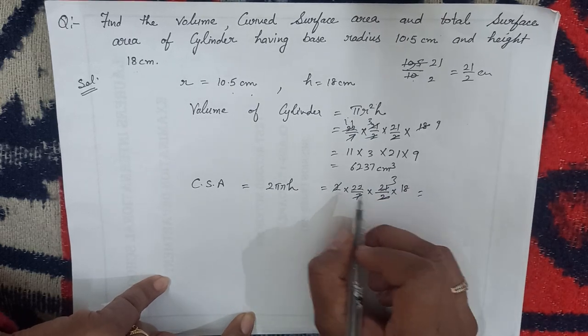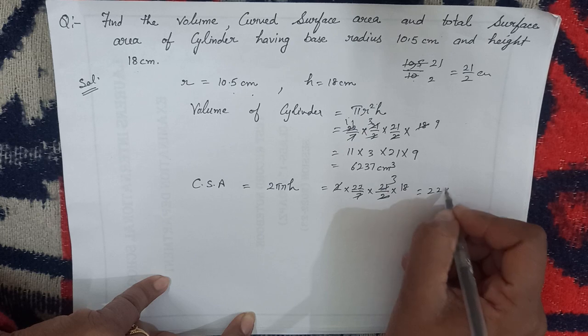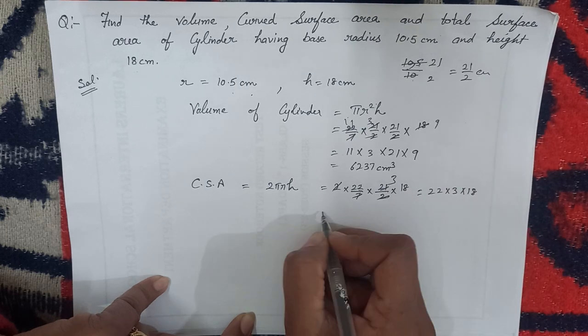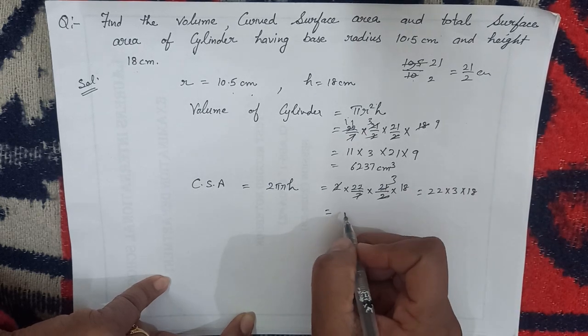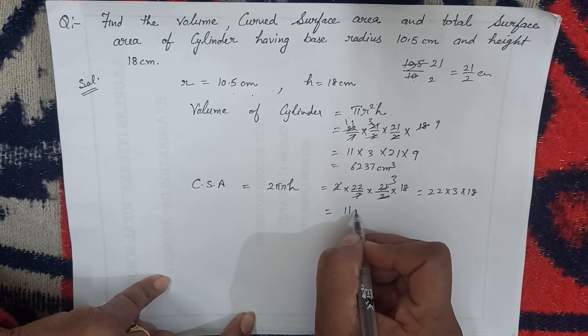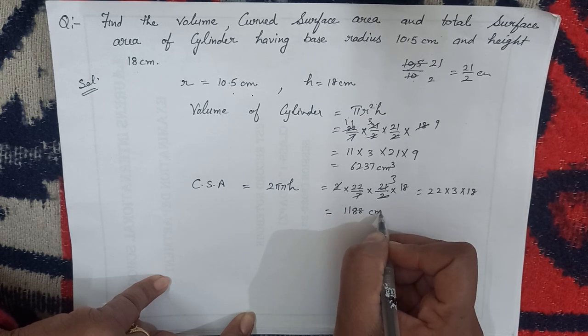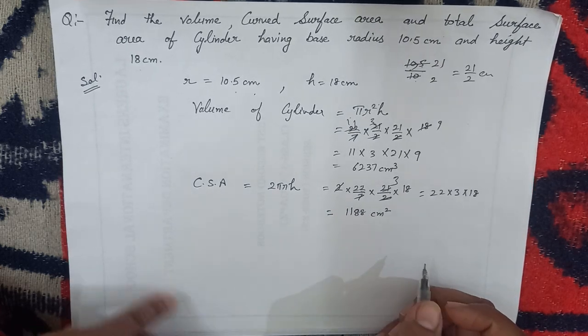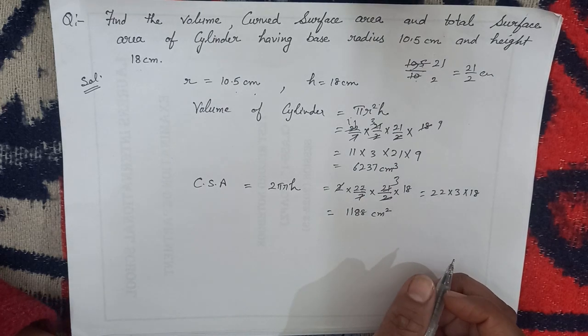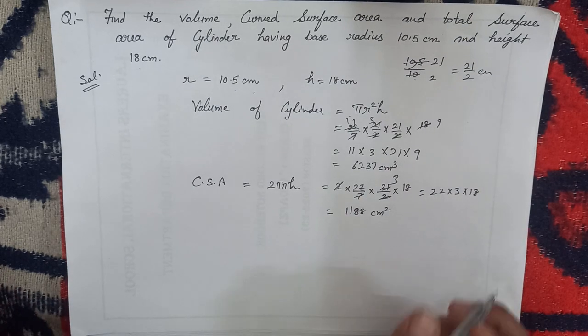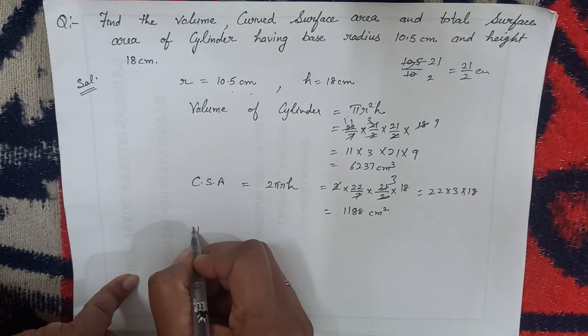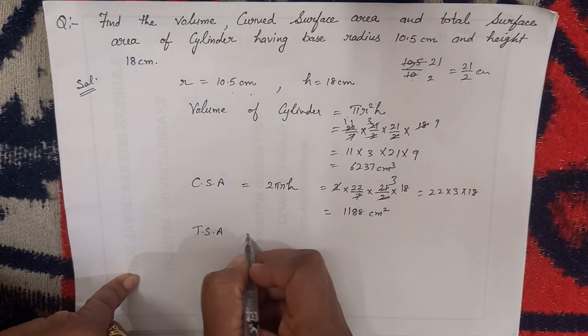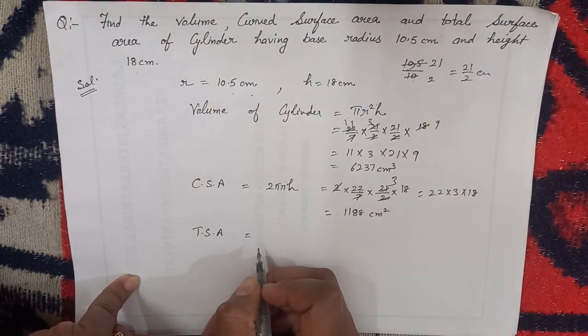Again we will multiply the whole 22 into 3 into 18 and we will get our answer, that's 1188 centimeter square. Now I hope you can do the multiplication by yourself. Just for saving time, I have done it already.